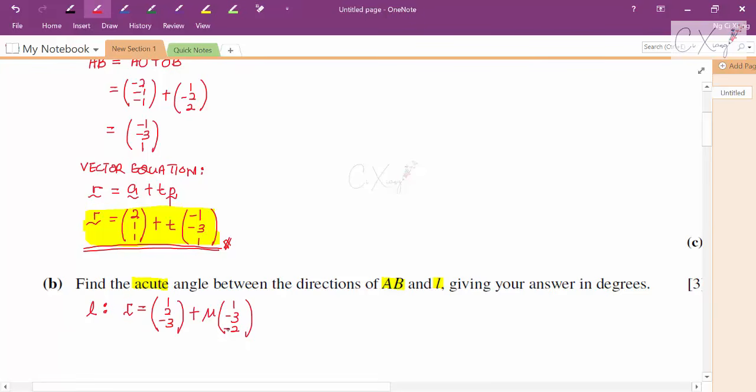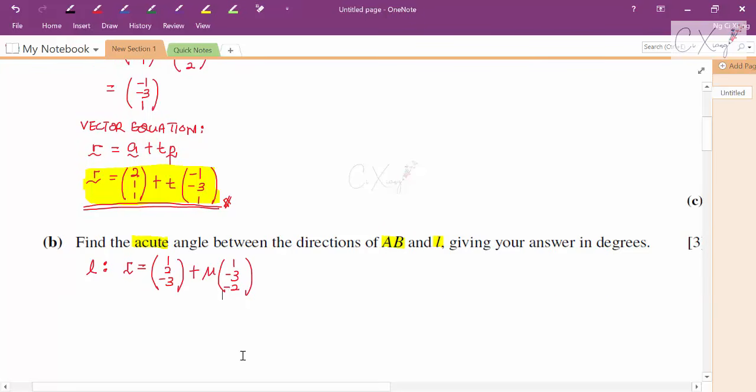Okay. All right. So now, if I want to find the acute angle between the direction of AB and also L, to apply the formula of finding the angle, we have to use only the direction of the line, which means that I will use this direction of the line L and also the direction of the line AB to find out the angle between them.